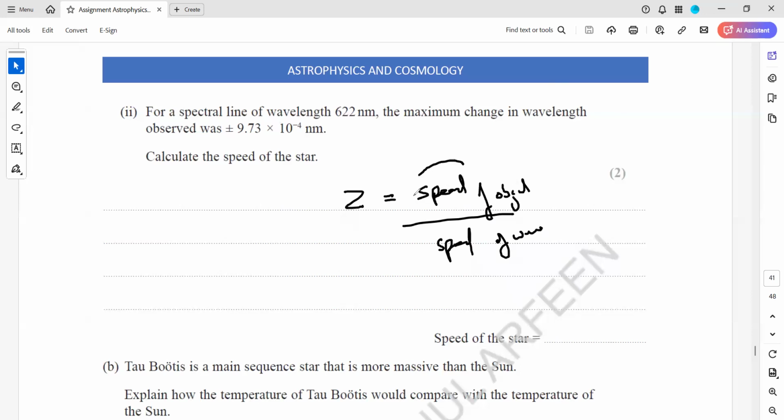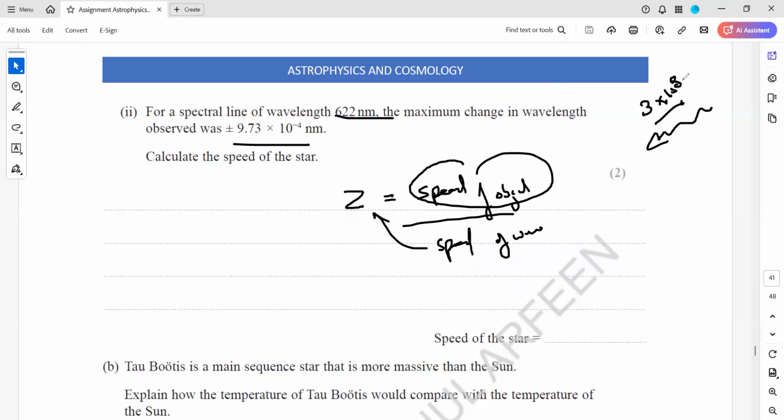So if I need the speed of the object, it is the Doppler shift multiplied by the speed of the wave, because in all these cases the stars are giving us electromagnetic radiation. All electromagnetic radiation has a speed of 3 times 10 to the power 8 meters per second. That's why we use this formula.